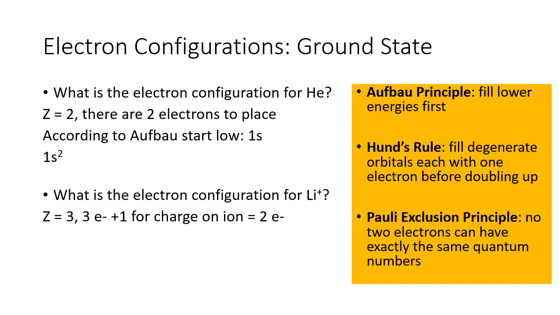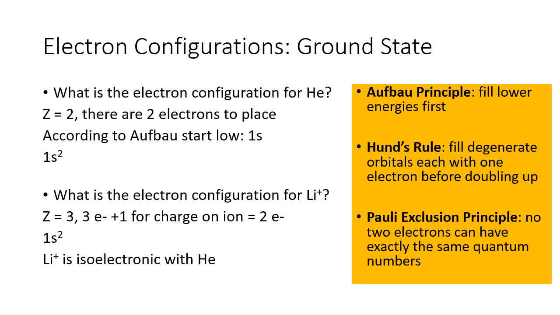So 3 electrons plus 1, right? 3 times -1 is -3, plus 1 is -2, so there are 2 electrons. Well, from there, we know we're doing 1s and we're doing 1s2. These 2 things, helium and lithium plus, are isoelectronic, meaning they have the same electronic configuration.